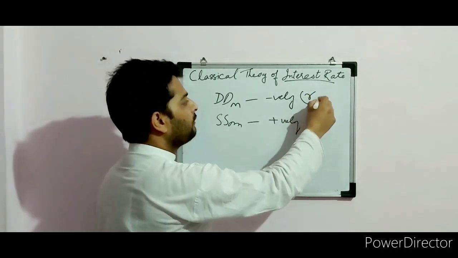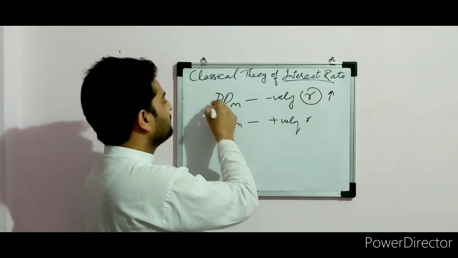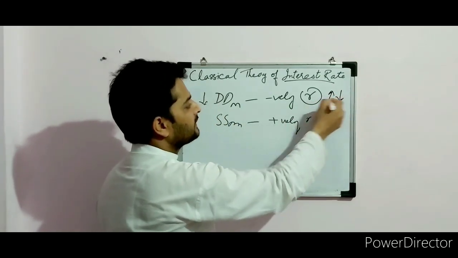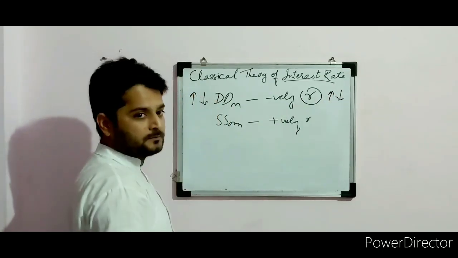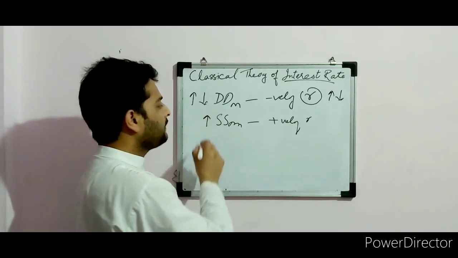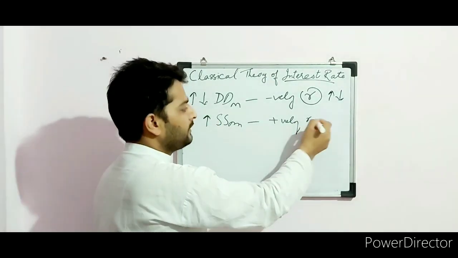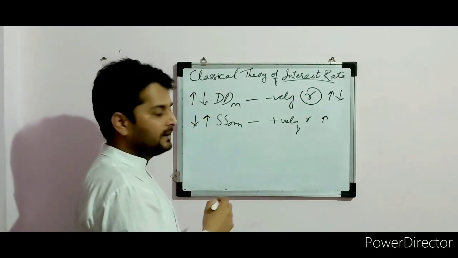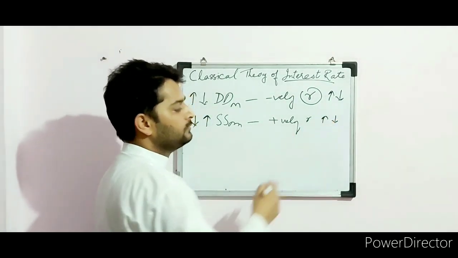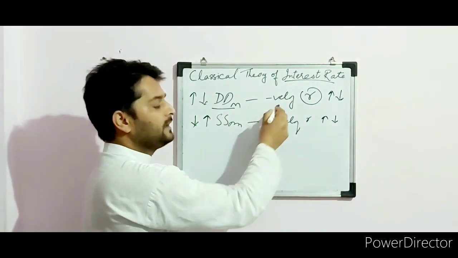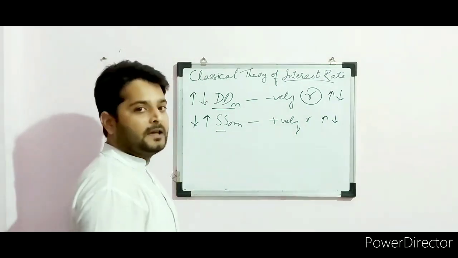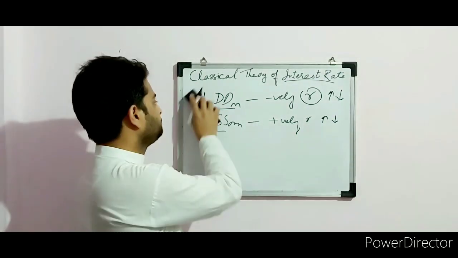This means when the rate of interest increases, demand decreases, and if the rate of interest decreases, demand increases. When the supply of money increases, the rate of interest also increases, and when the supply of money decreases, the rate of interest also decreases. So demand has a negative or inverse relationship, while supply has a positive relationship.